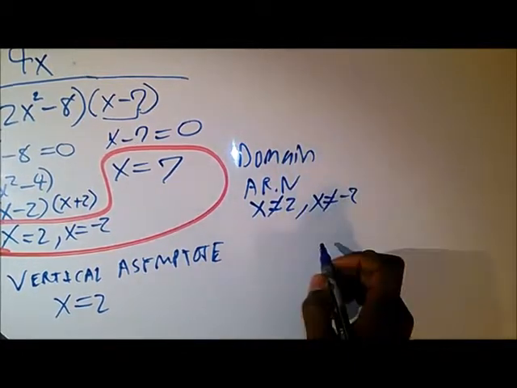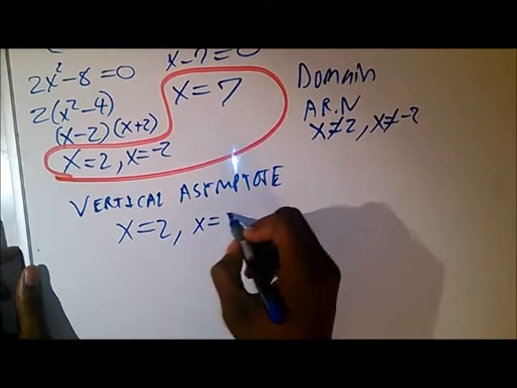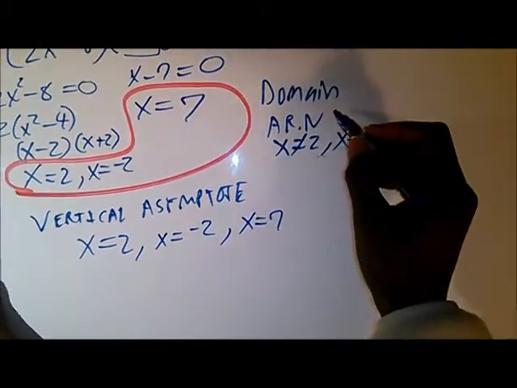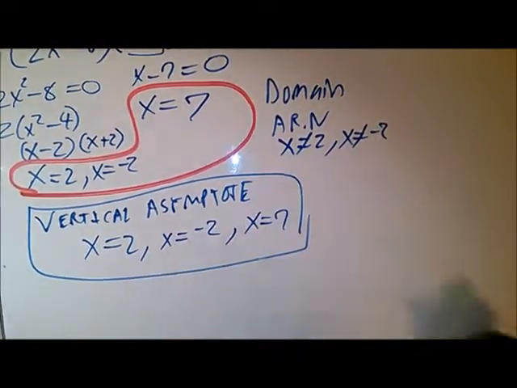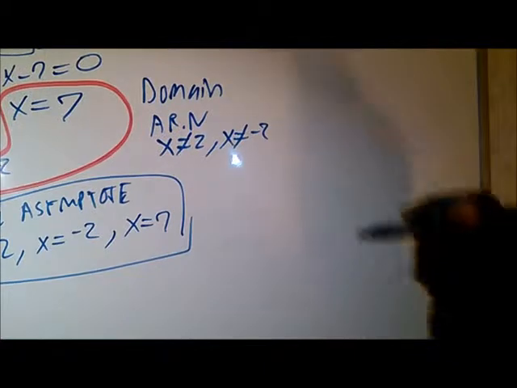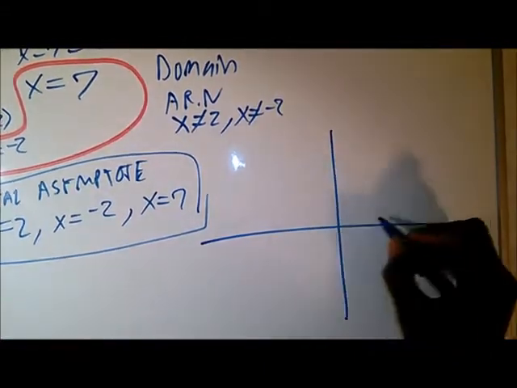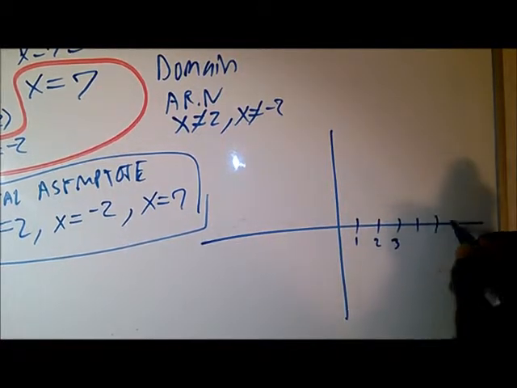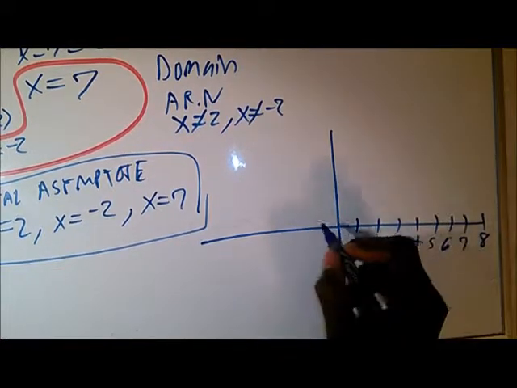But the vertical asymptotes are x is equal to 2, x is equal to negative 2, and x is equal to 7. Whatever is not in the domain is going to be your vertical asymptote. And if we graph this baby, okay, this is going to be 1, 2, 3, 4, 5, 6, 7, 8.